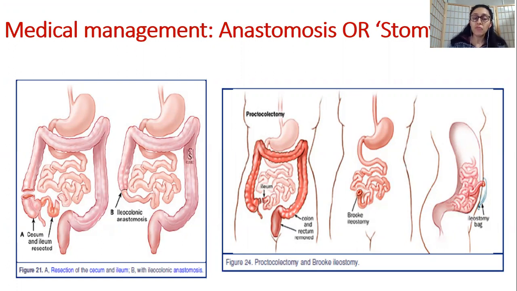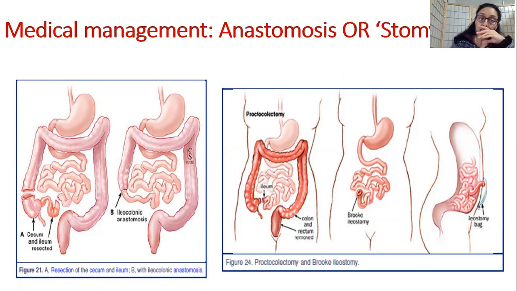Meaning the more complicated the case, the more likely that this part will be cut off. And then depending upon what part is cut off, you may have a bag outside. This happens either in Crohn's disease or in ulcerative colitis, depending upon how badly the part is damaged.